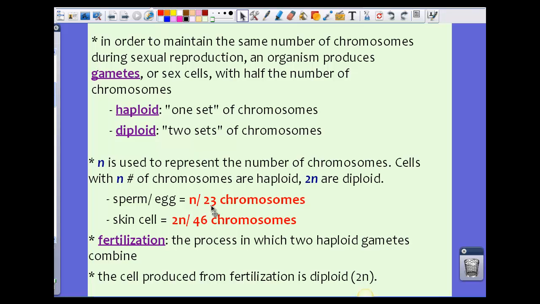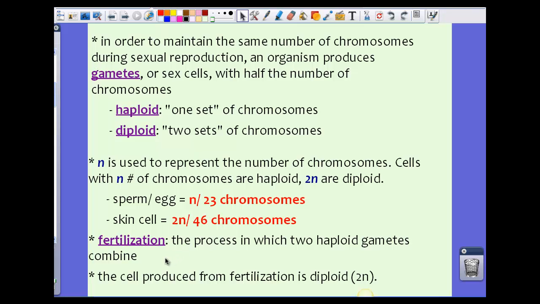That's half the number of chromosomes, basically 1 set. If we're talking about any other cells in the human body, let's say skin cells, that number would be 2N, which represents 46 chromosomes because that's our total. So skin cells are diploid, meaning that it has a full set, 2 sets of chromosomes. Our sex cells, our gametes, have 23. They are haploid.